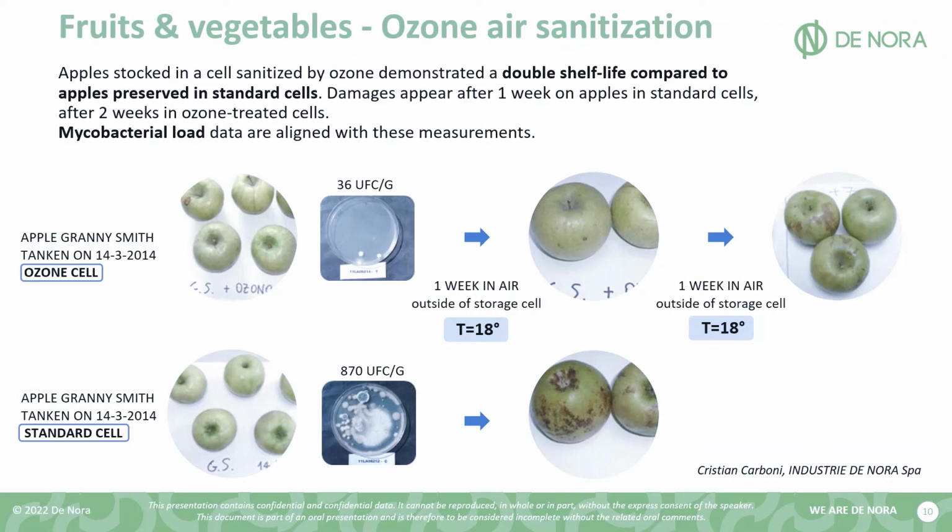We found modification of the products, and we found that ozone induces systemic resistance, and this is very good because you have products with more antioxidants inside. For example, as we discussed before about wineries, it is very important to have grapes with more antioxidants inside. This is important for nutraceutical food. This is important for wine, because if you have antioxidants, you need to add less sulfur dioxide and so on.